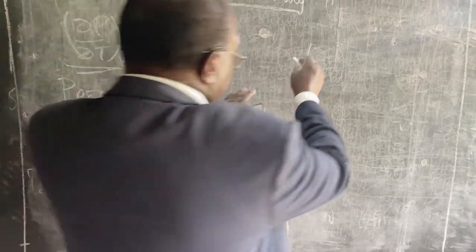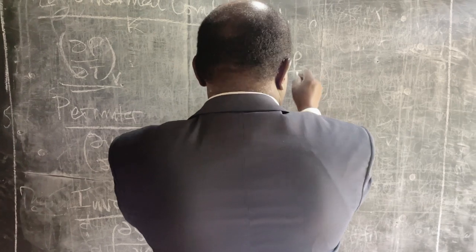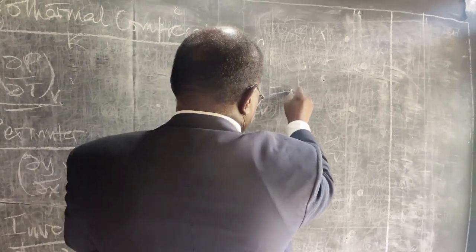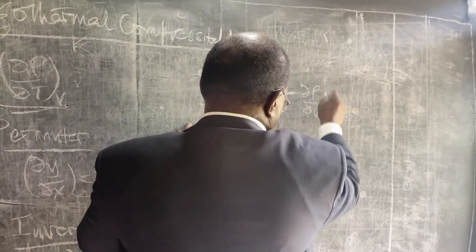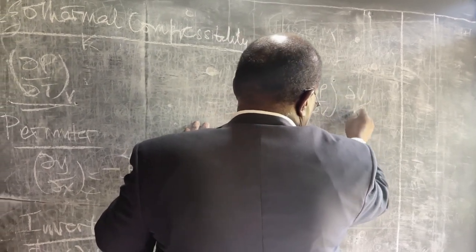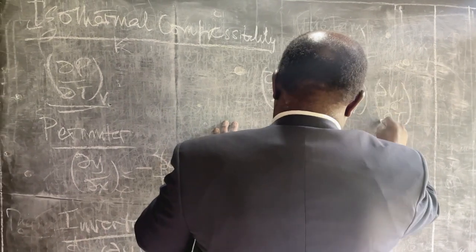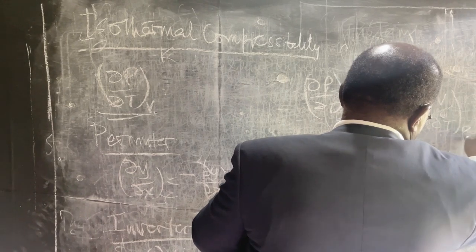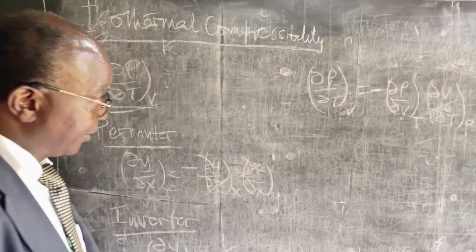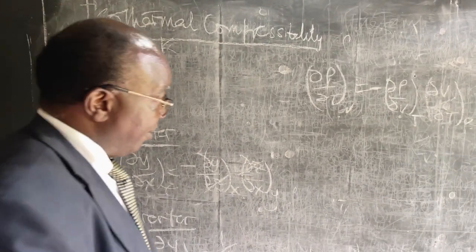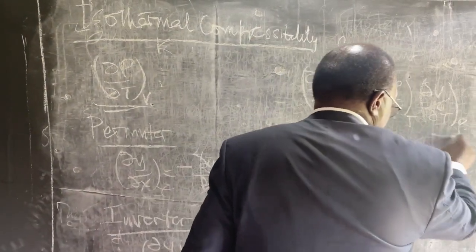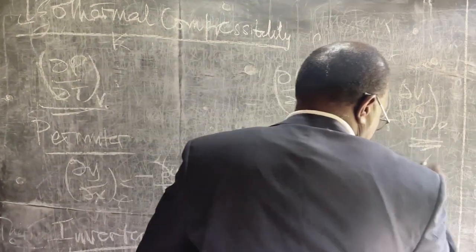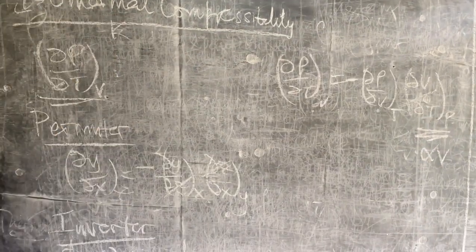So let's subject (∂P/∂T) at constant V to the permuter and inverter first. So we are going to have minus (∂P/∂V) at constant T times (∂V/∂T) at constant P. Now, if you look at it, this coefficient (∂V/∂T) at constant P is alpha V, which we have seen in the earlier derivations.